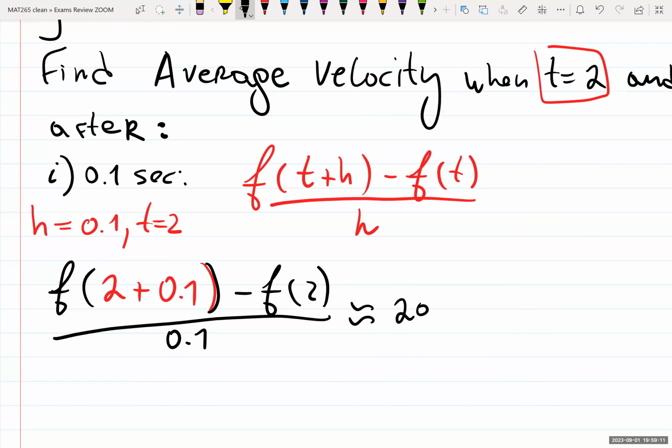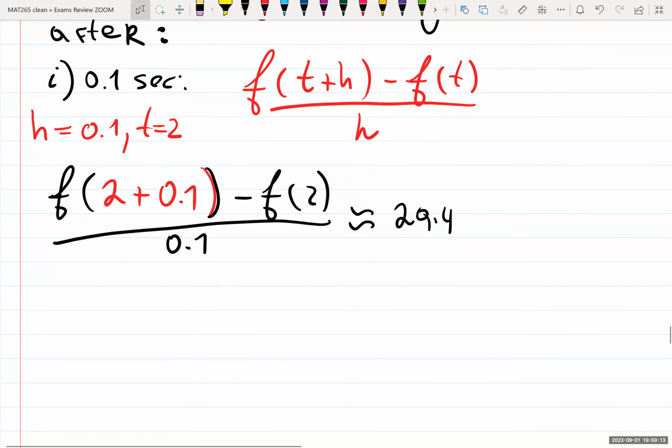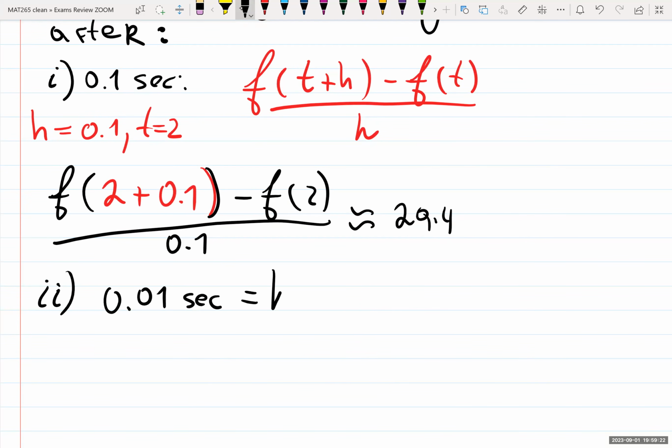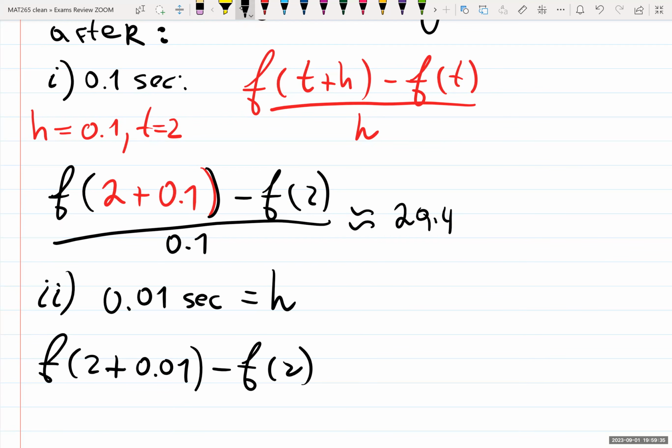That is approximately 29.4. The second question says the interval 0.1 is too big, so let's have 0.01 second. That is your new h. You repeat the whole thing: f at 2 plus 0.01 minus f at 2, all over 0.01.